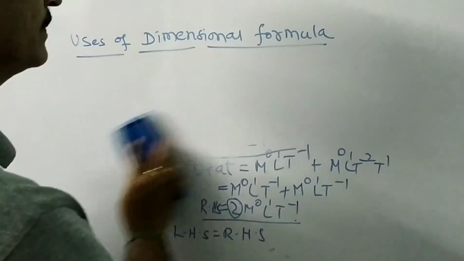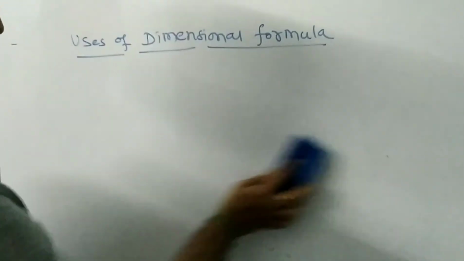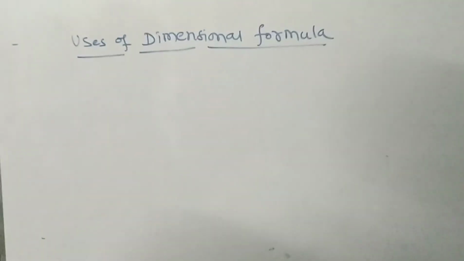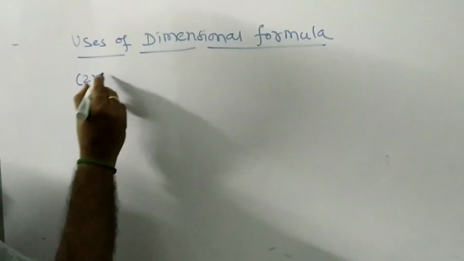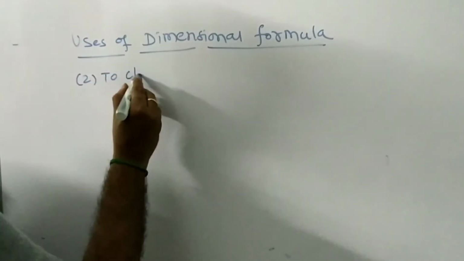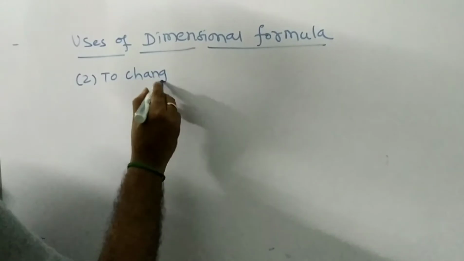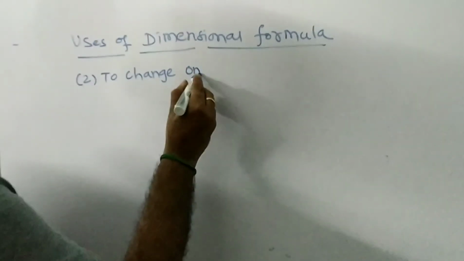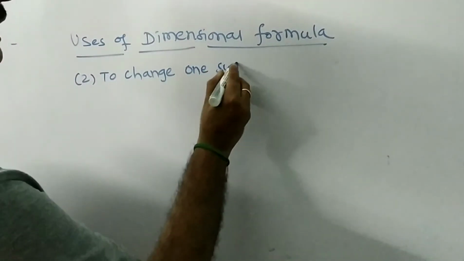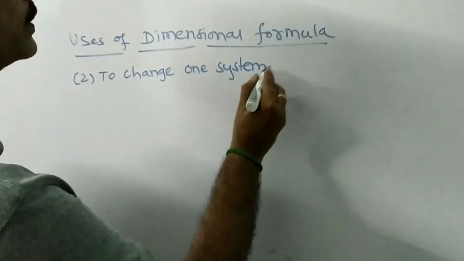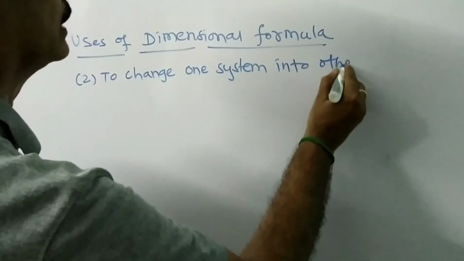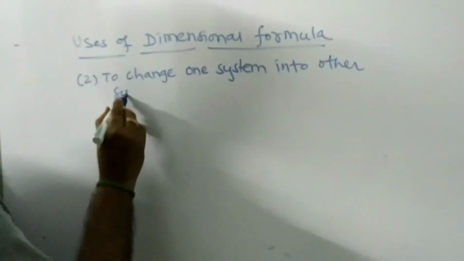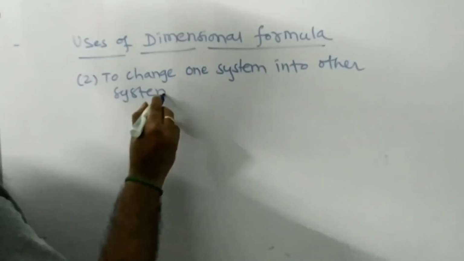Next, the second use is to change one system of unit to the other system. We can change one system of unit into the other system by using the dimensional formula.